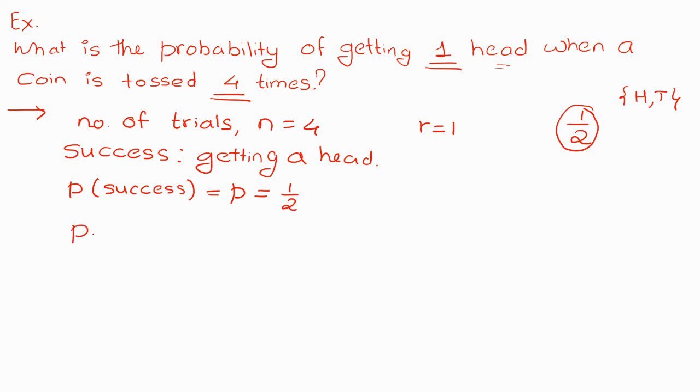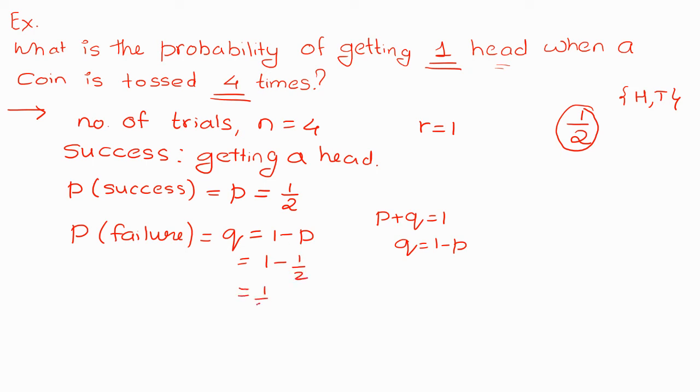Okay, now next is the probability of failure, that is represented by q. And we have the relation p plus q is equal to 1. Therefore q is equal to 1 minus p. Therefore 1 minus, what is my p value? That is half. So q is equal to half.